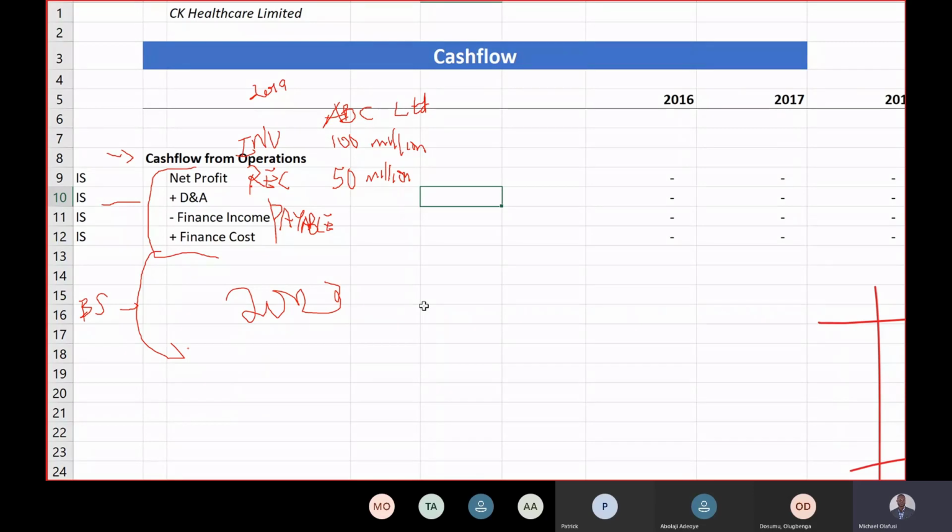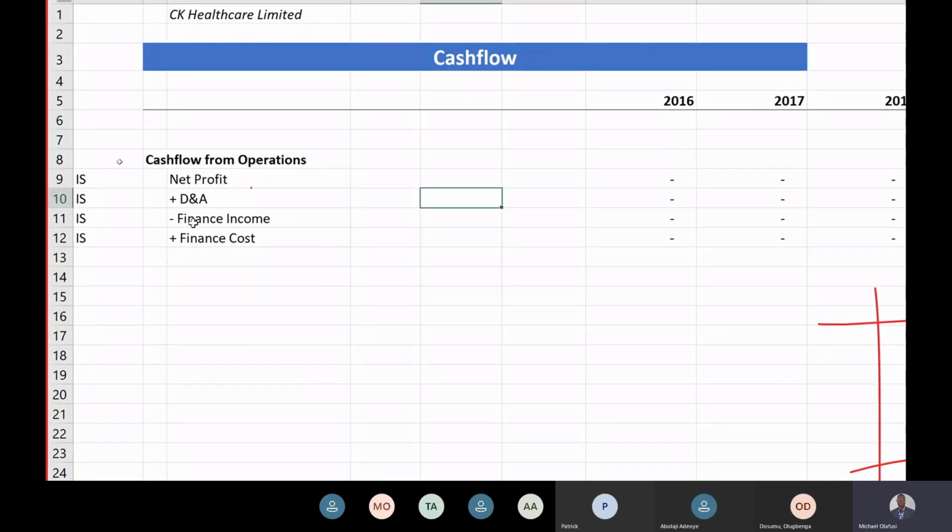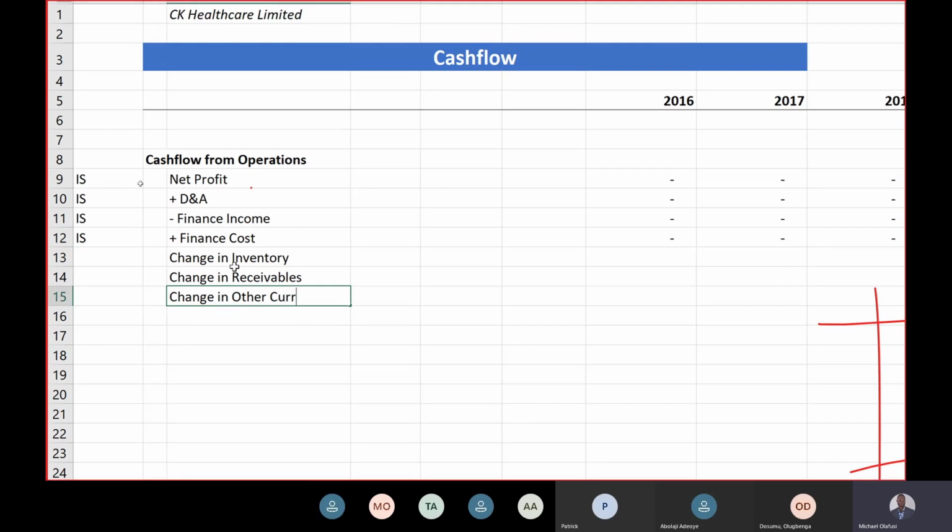So let's now go and capture those ones. Like I've mentioned, change in inventory. So working capital changes, that's what they are called. Change in inventory is going to reflect in our cash flow from operations. Change in receivables, change in any other current assets.